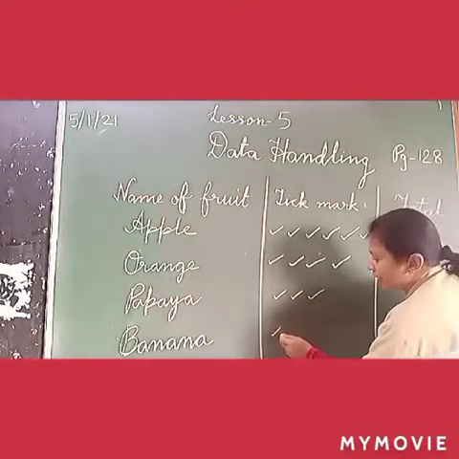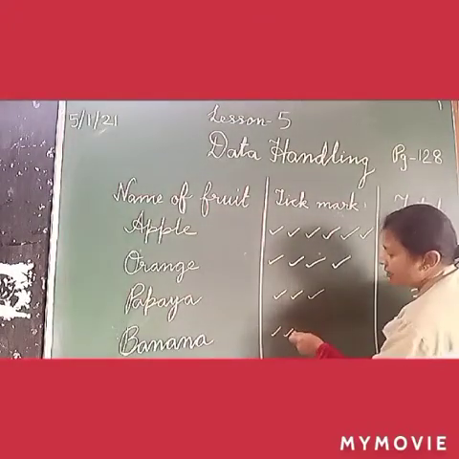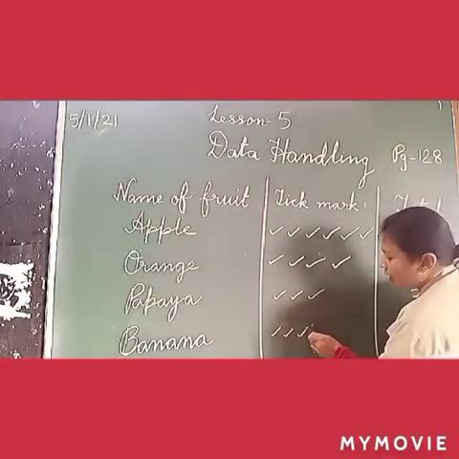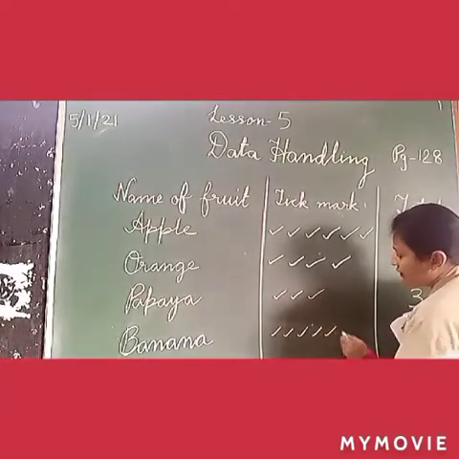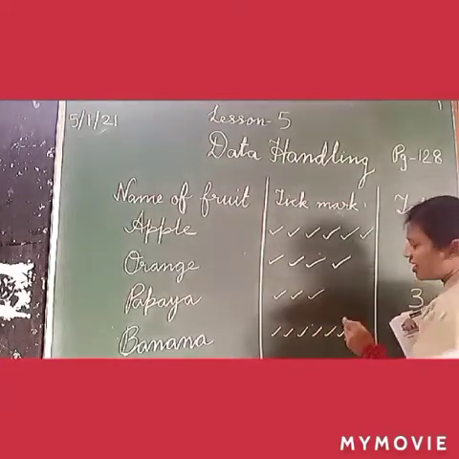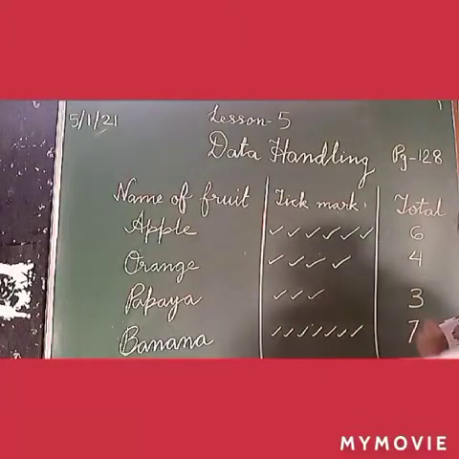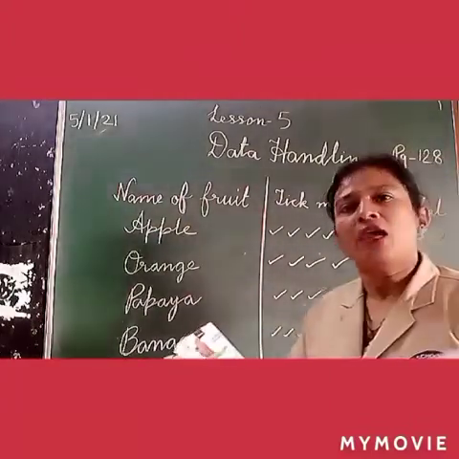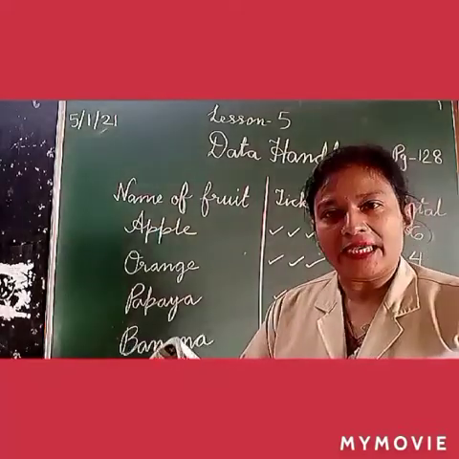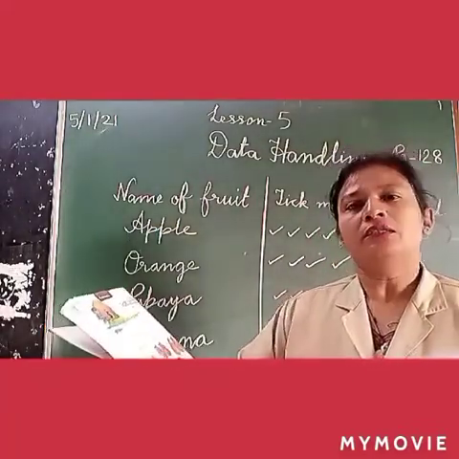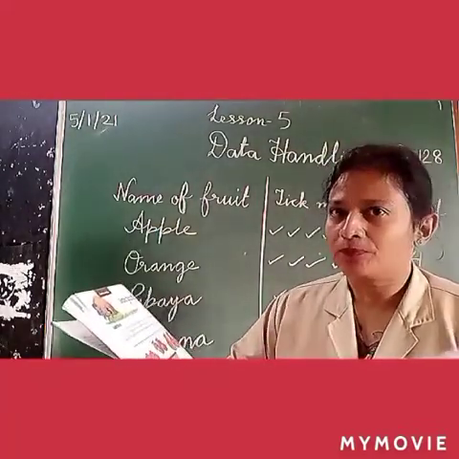First of all, let me take 1, 2, 3, 4, 5, 6, 7. And now I will write 7 for bananas. In this way, we have to write in front of the given fruits.